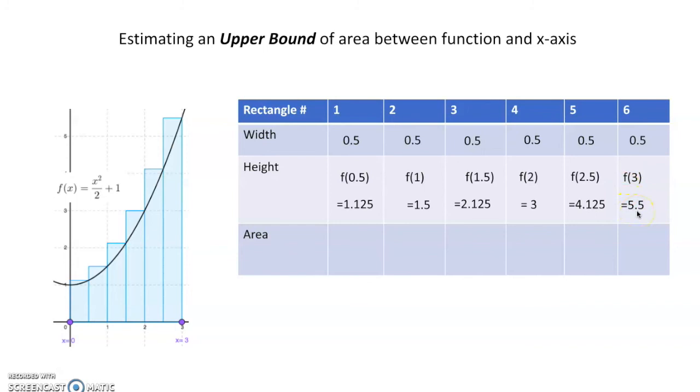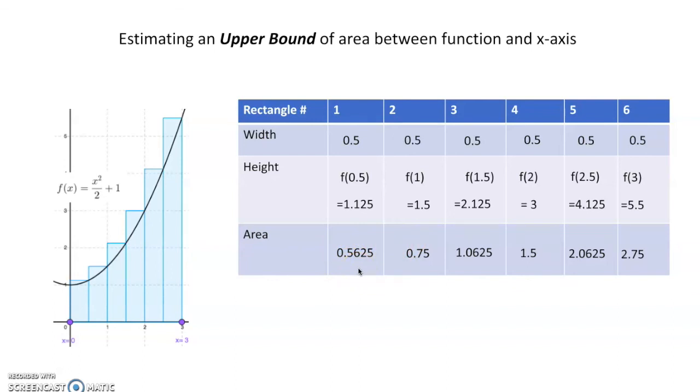So, again, we do the same process. Now that we know the heights of the 6 rectangles, we multiply those together with the widths. So, those are the areas of the 6 rectangles. Again, you will notice these areas here are the same as the areas of rectangles 2 through 6 in the previous example.